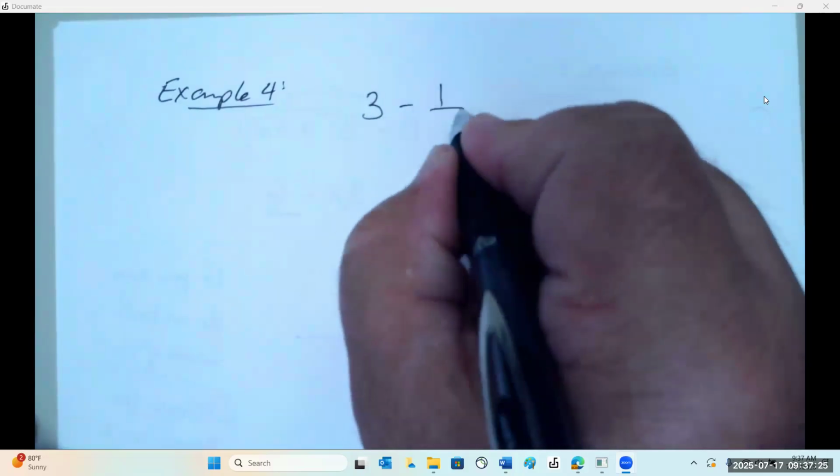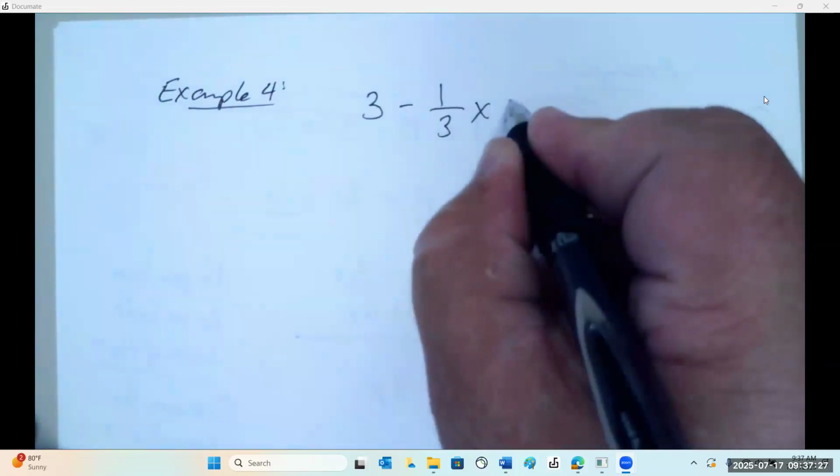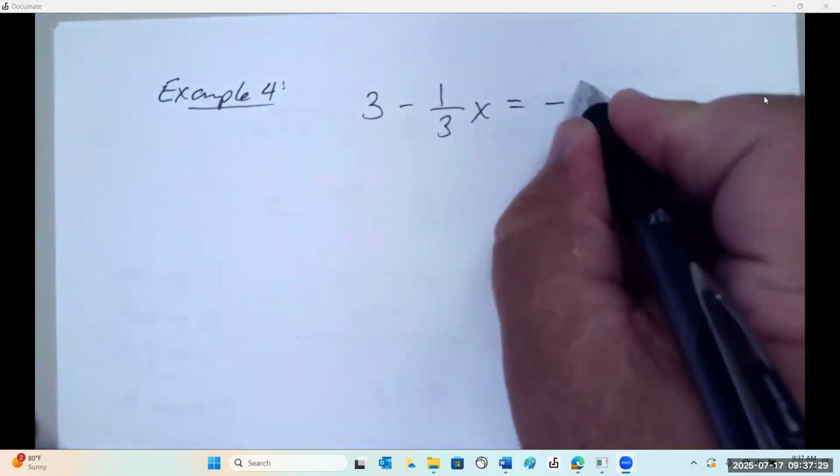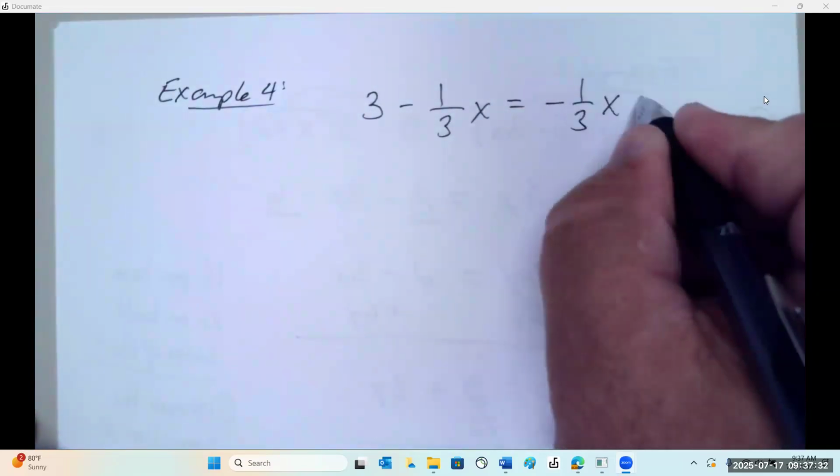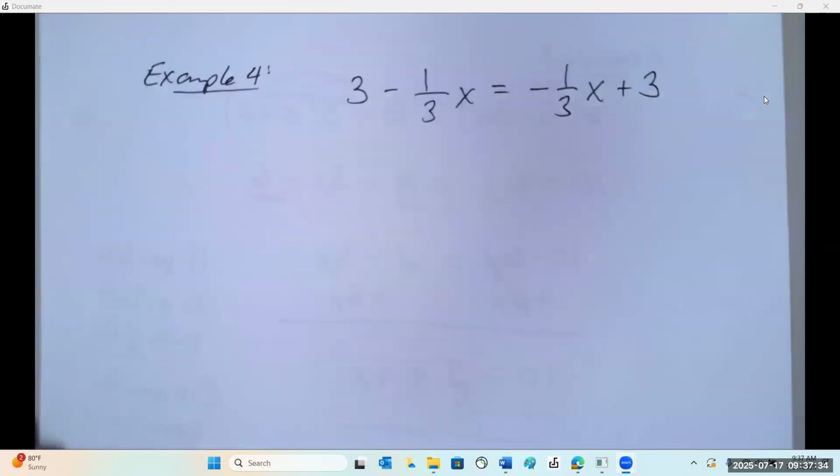3 minus 1/3x equals negative 1/3x plus 3. Okay, we have fractions and an equal sign.